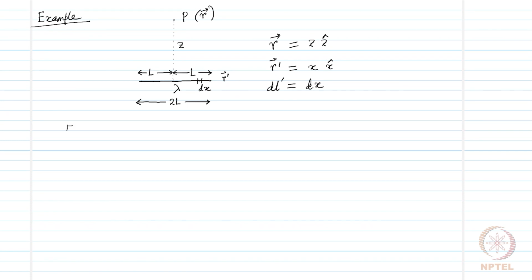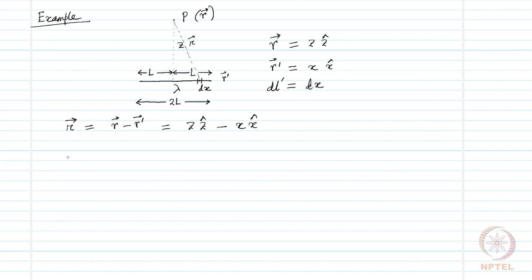So, the distance vector between the point of observation and the source element, this is curly r, can be given as r minus r prime, the vector subtraction of this, which is nothing but z cap minus x cap.